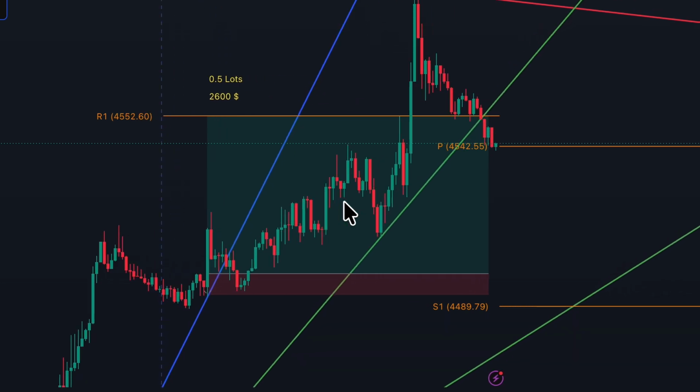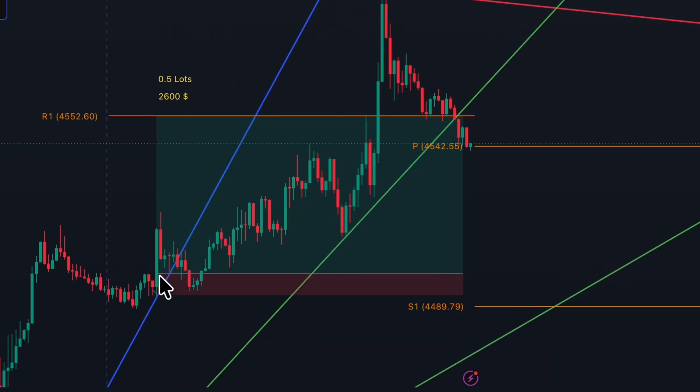If we look at the chart, after I entered the trade on this candle, the position turned against me for a while, but it never actually reached my original stop loss.